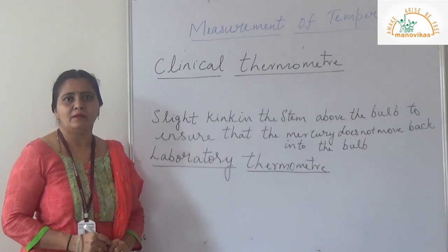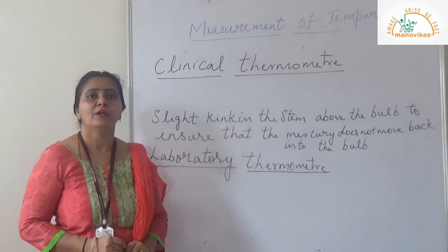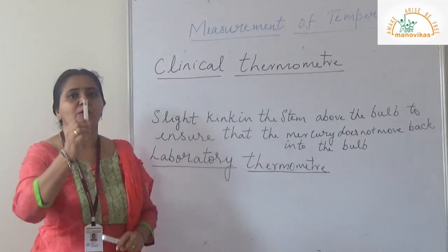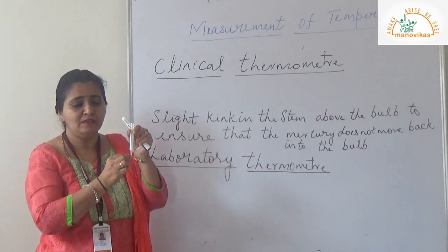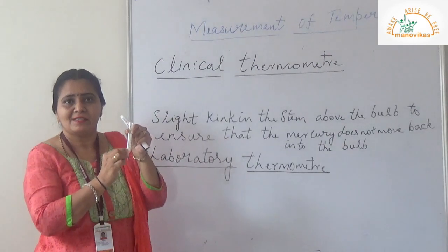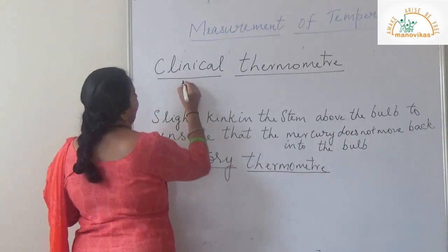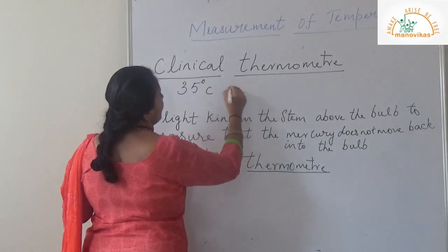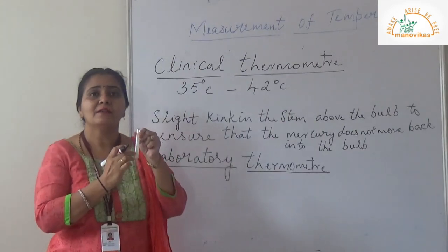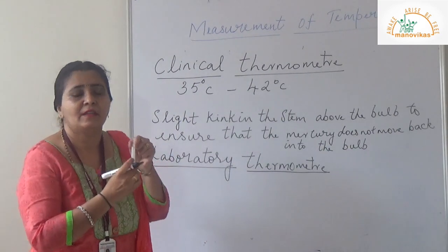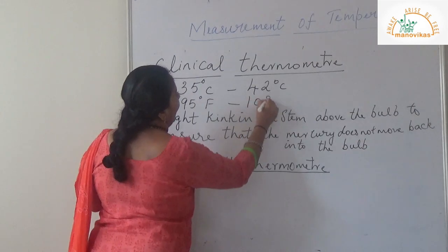Now let us see the clinical thermometer. A clinical thermometer is mainly used to measure the temperature of the human body. This thermometer has markings. The stem has markings from 35 degrees Celsius to 42 degrees Celsius. And on the other side there are markings in Fahrenheit, that is 95 degrees Fahrenheit to 108 degrees Fahrenheit.